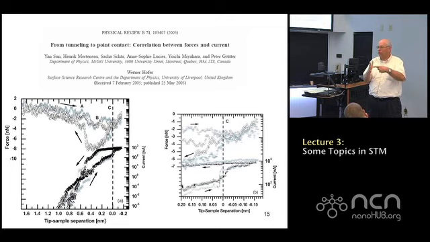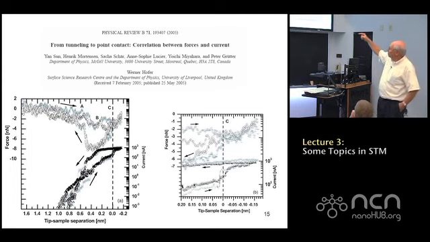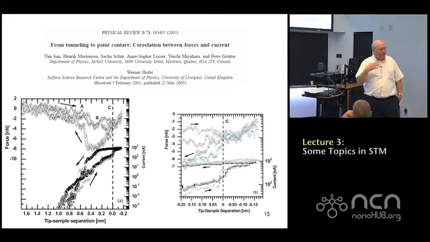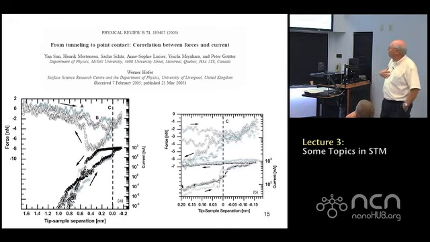You're not tunneling because the current no longer depends exponentially on separation. You now have a physical contact between the tip and the substrate. And what's interesting is when you retract the tip, you pull it out, you can see that the tunnel current is maintained at a constant value for about 3/10 of a nanometer.